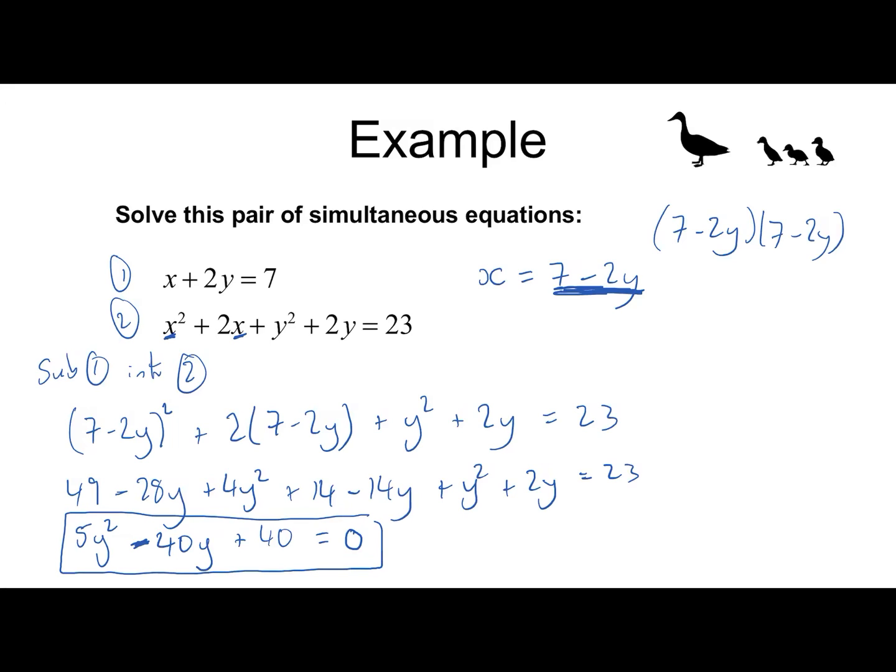And actually, do you know what I'm going to do? Just for the purposes of speed, I'm just going to use the equation solver in my calculator. So see if you can see how to do that. Polynomial of degree 2, a is equal to 5, b is equal to negative 40, c is equal to positive 40.